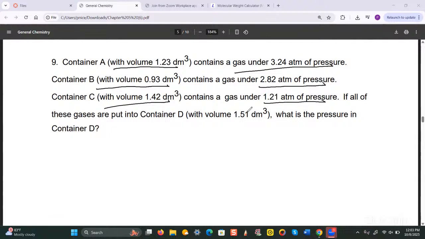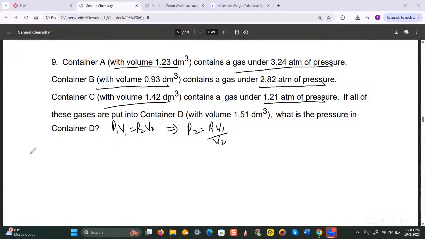So how are we going to tackle this problem? Well, what we should do is find out for each gas what would be the pressure when each of these gases is put into container D. Boyle's law says P1 V1 is equal to P2 V2. So we need to find P2, which is P1 V1 over V2.